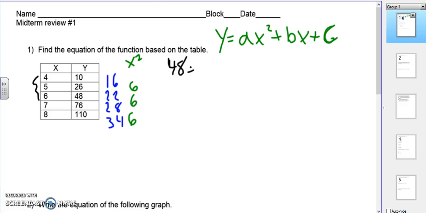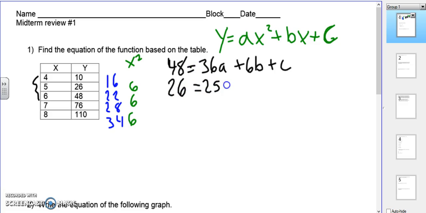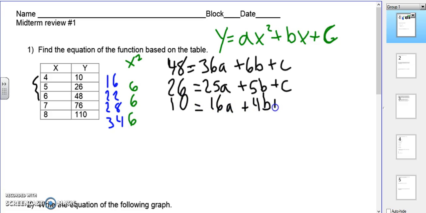So I'm just going to write 36a plus 6b plus c. All right, my next one, 26. Again, I just like to put them in order. So 5 squared is 25a plus 5b plus c. And then the last one, 10 equals 16a plus 4b plus c.